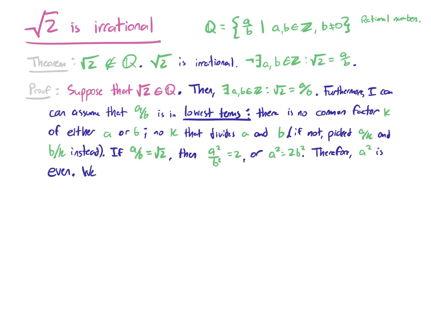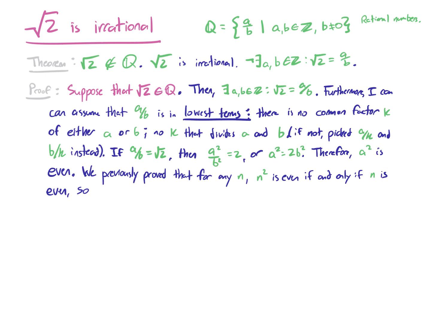We previously proved that for any n, n squared is even if and only if n is even.